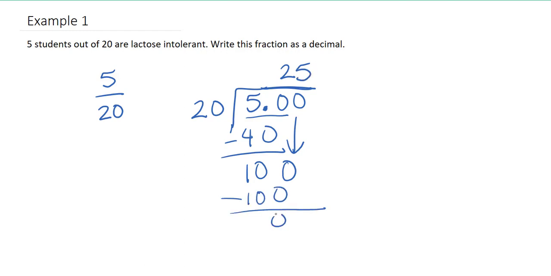We subtract, we get 0. The next thing we have to do is bring that decimal straight up, and we get 0.25. And that's our decimal. So our fraction, 5 out of 20, can also be represented as the decimal 0.25.